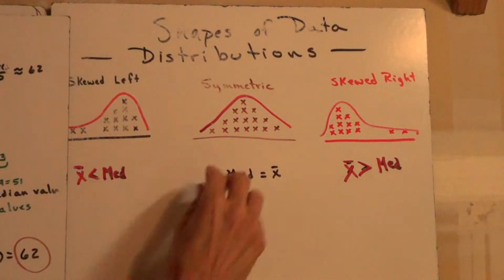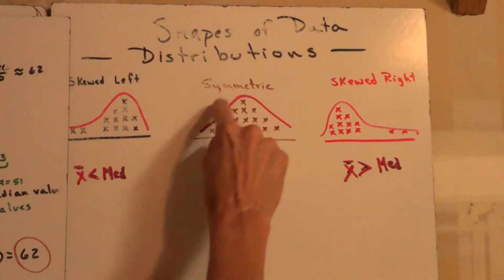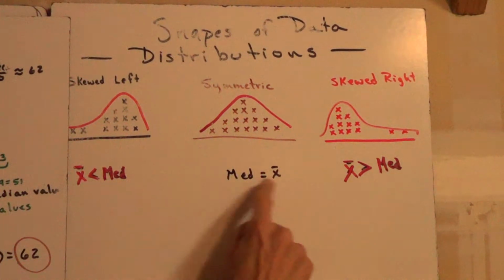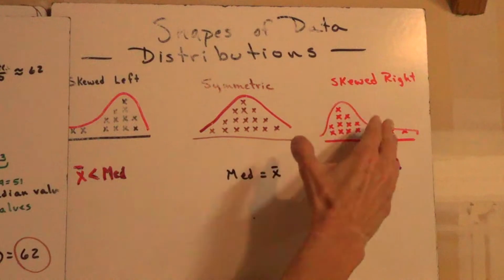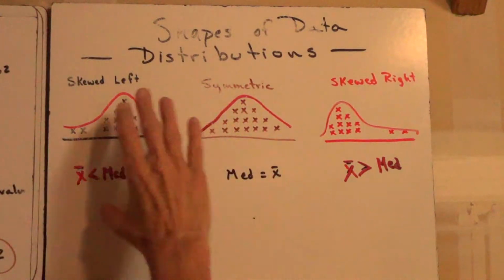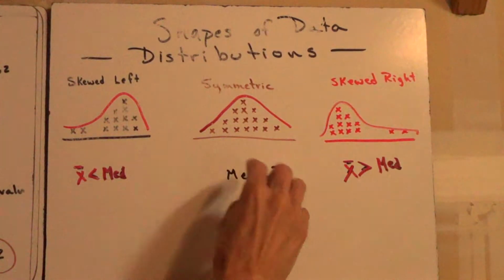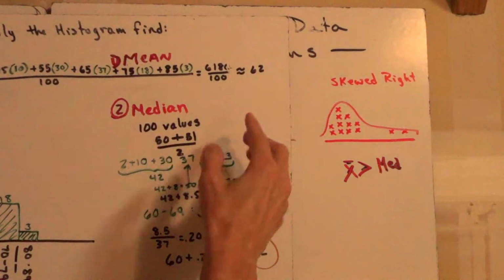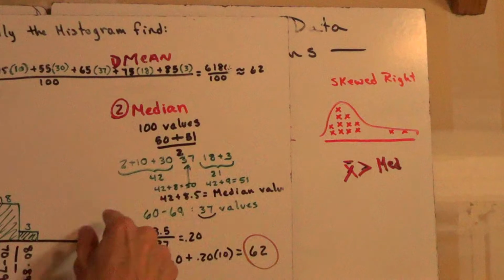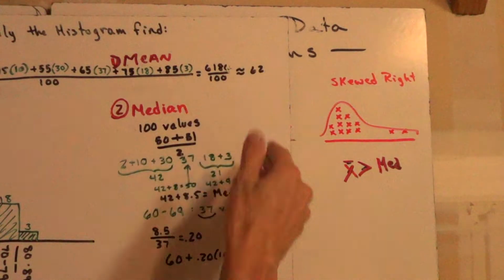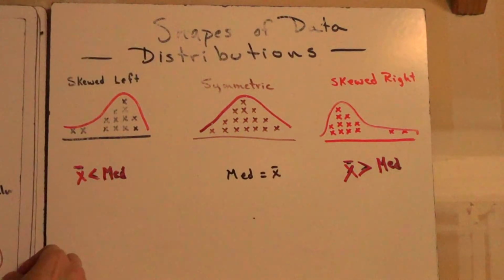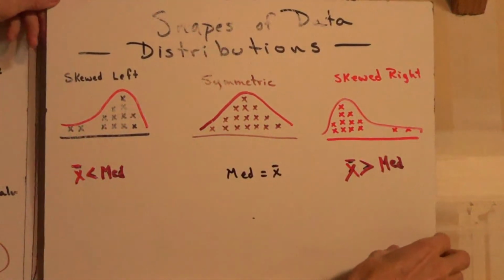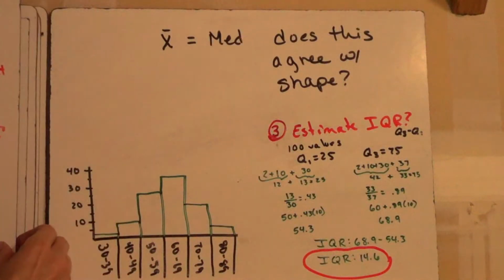Does that agree with the fact that I said it was symmetric and my median and my mean would agree? They would be equal. You always want to look back at what you've said on the skewed left, skewed right, and the symmetric and see if your values actually come out that way. This is perfect. We said it was about symmetric, and my mean and my median are equal. So keep this one in your notes from yesterday, highlight it.